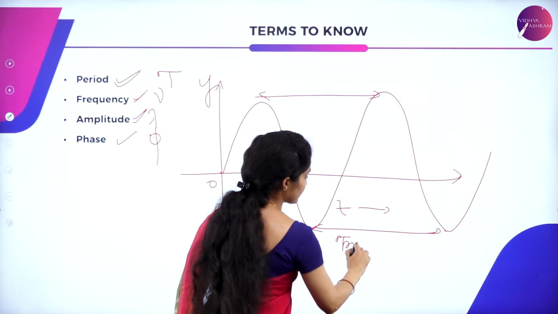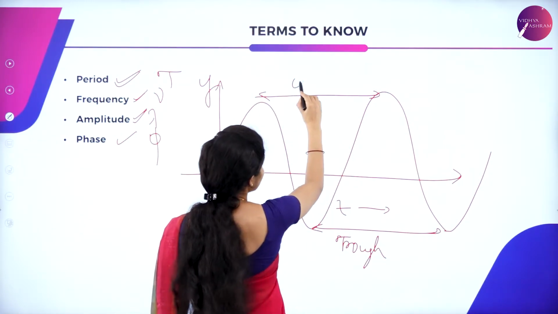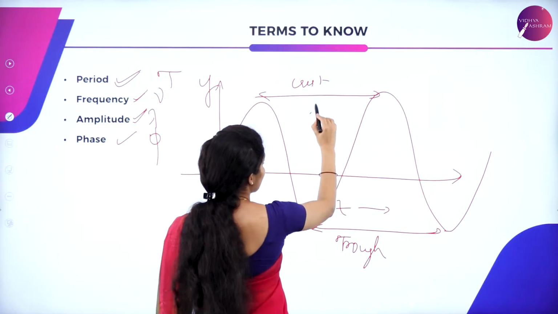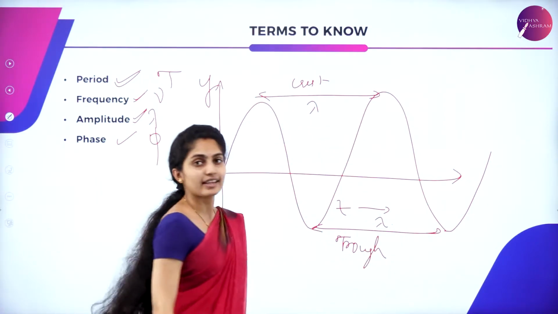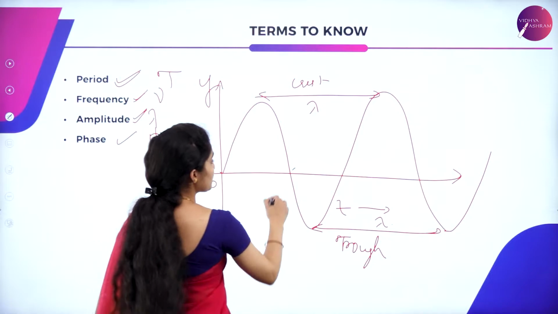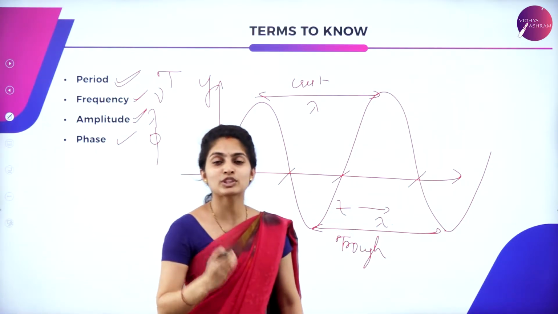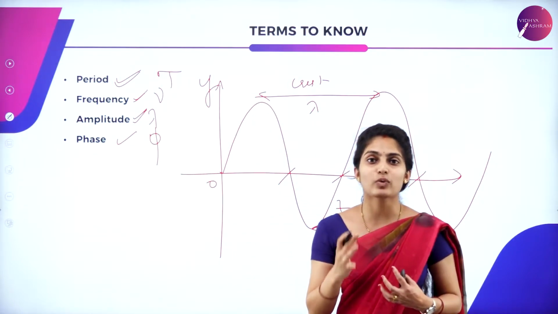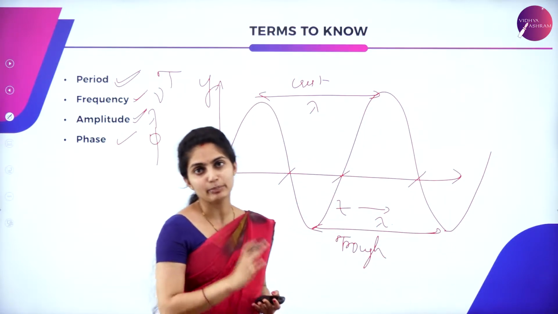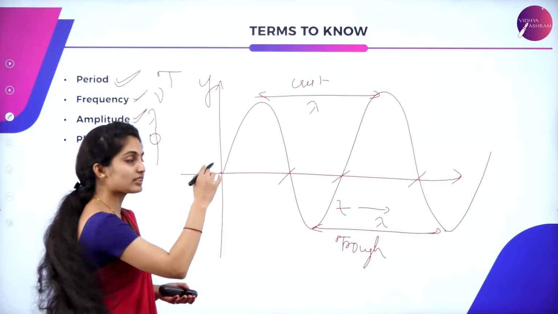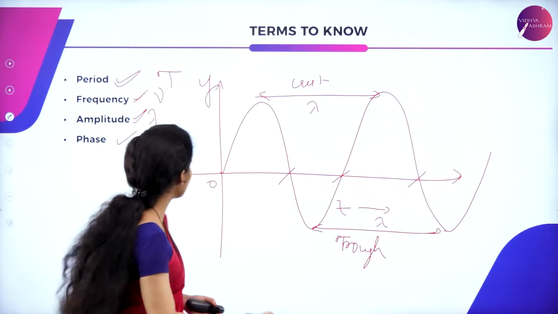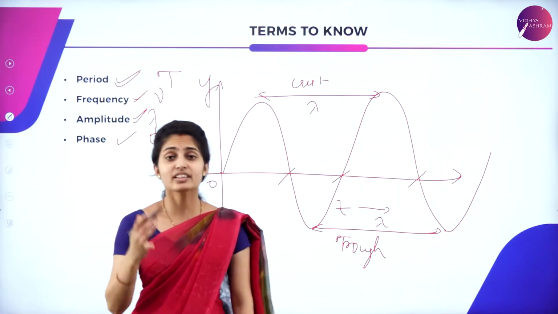So this is trough and this is crest, and the distance between them is known as wavelength, and that is lambda. So this part, there will be the phase which is determined, which tells that it is the time taken by a wave to complete one circle, which is also called the time period, which is given by T. One circle in the sense it's one cycle. Okay, so that is all about period, T.